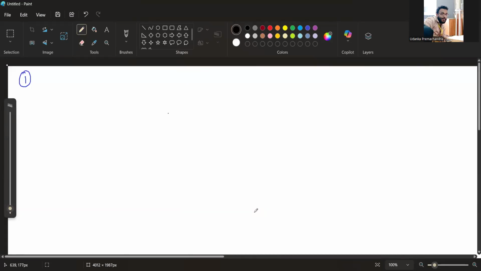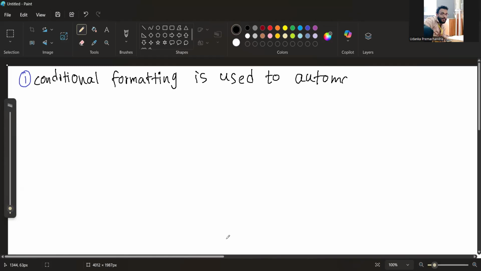Conditional formatting is used to automatically apply formatting.